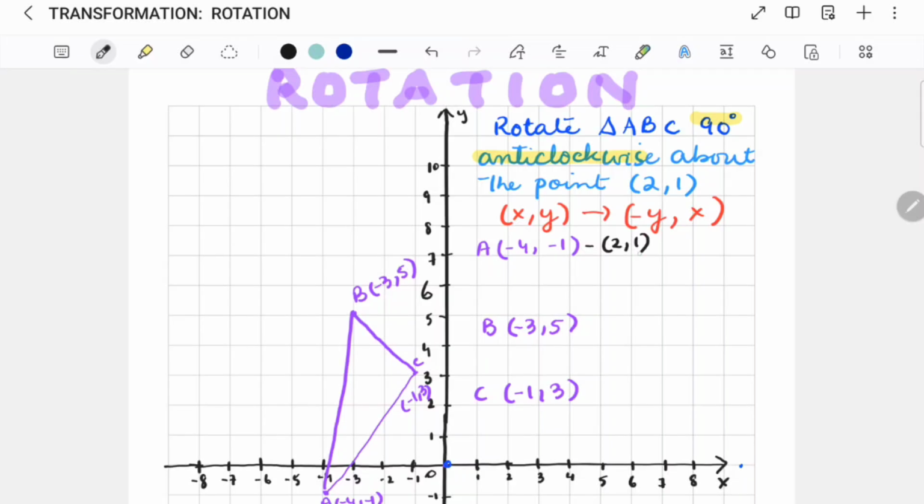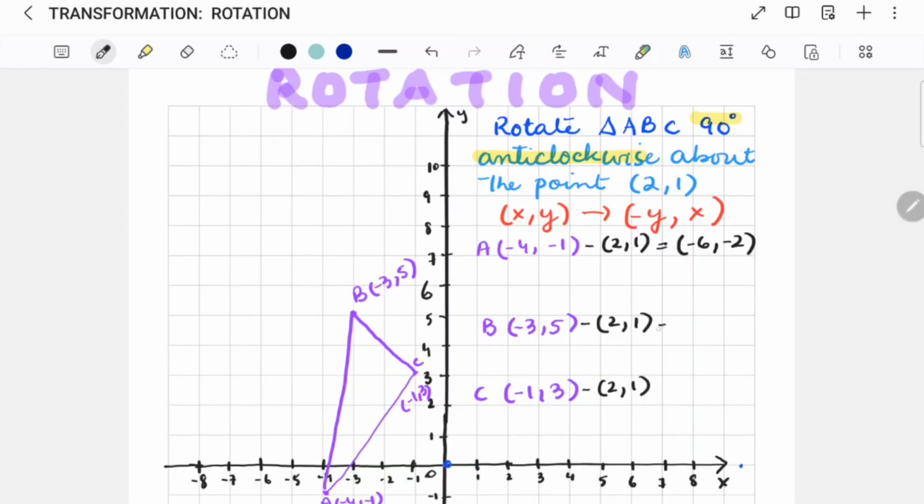So subtract the center. Center is 2, 1. From the given point, subtracting: minus 4 minus 2 becomes minus 6, and minus 1 becomes minus 2. I took an example of a negative number in this question: minus 6, minus 2.